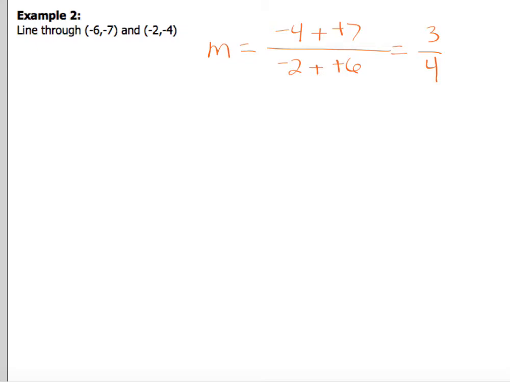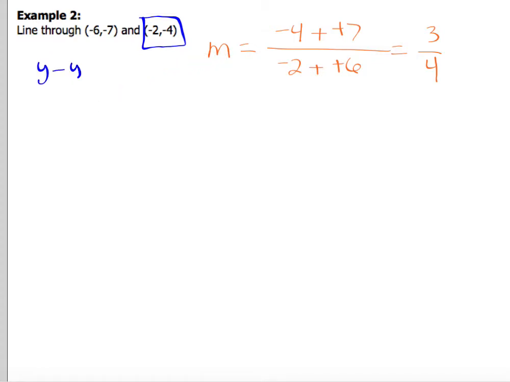And I get to choose the point that I want to use for writing the equation. I'm going to go with the second point here just because it has smaller numbers, and all of these values are negative, so sometimes I'll avoid the negatives to make it simple, but I couldn't in this particular problem.